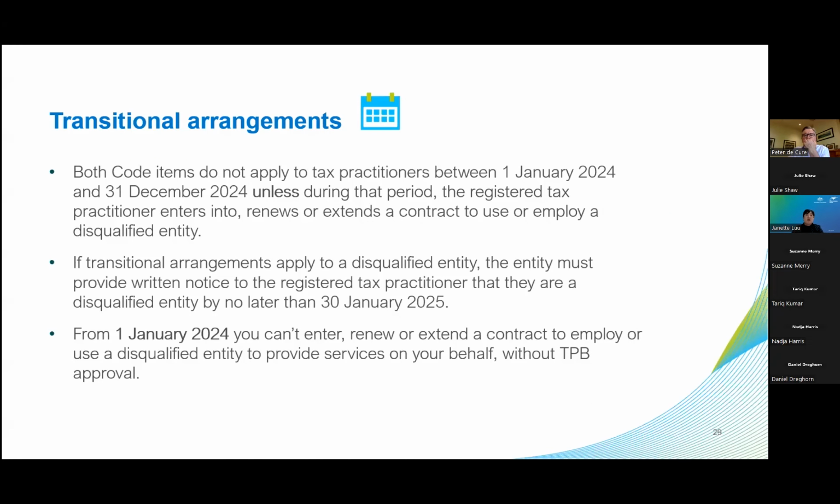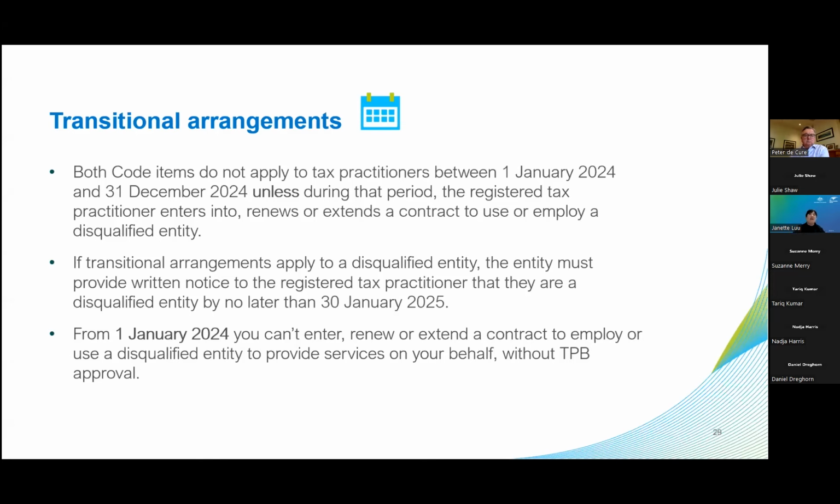So if I can try to make that a little bit more simple, let's say as at today, what is the date today? I think we're on the 18th, the 19th of December. If Peter is the tax practitioner and he has employed me as at today, my contract is due for renewal in 2 years' time.